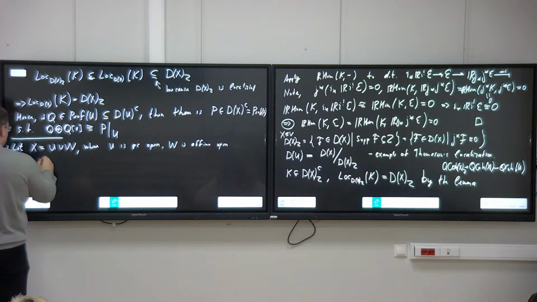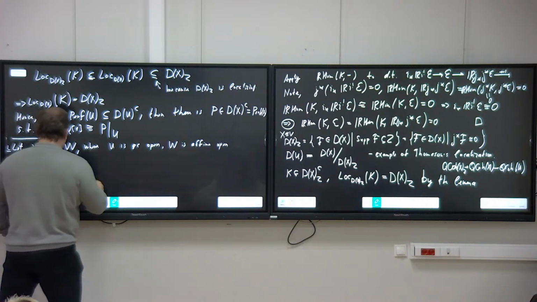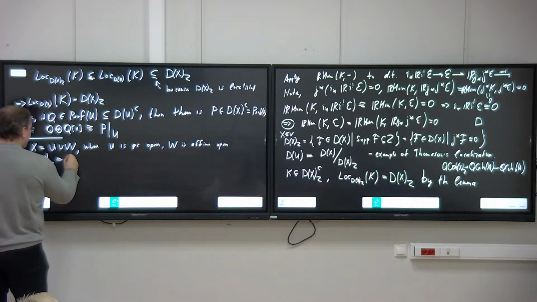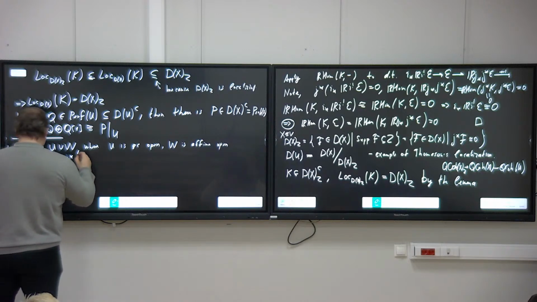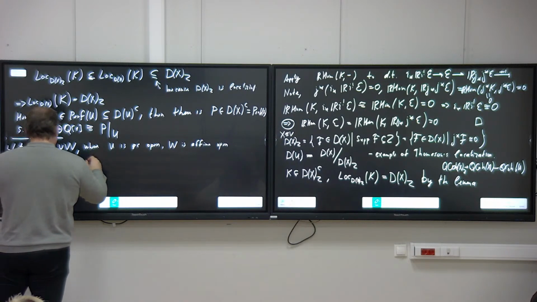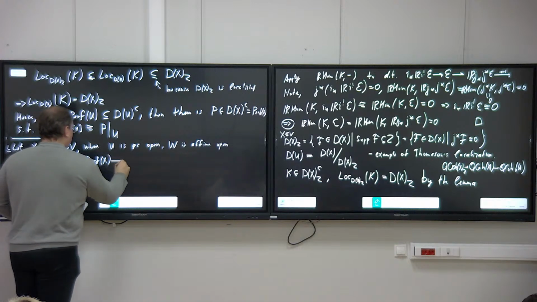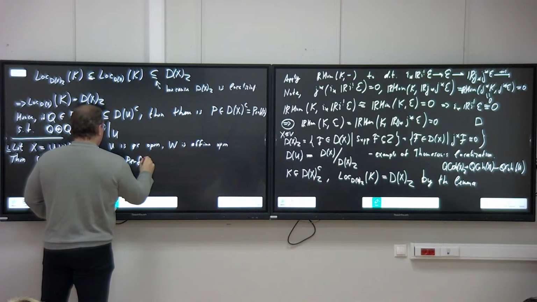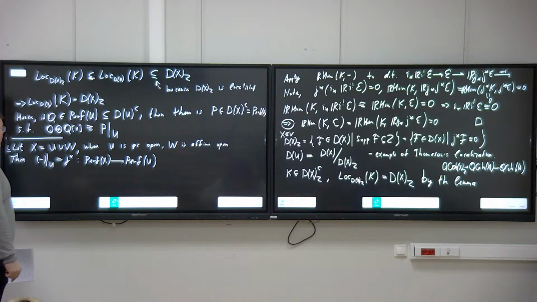So then the functor, which is just the restriction to U, let me write it as j upper star. So the restriction to U is a functor from Perf of X to Perf of U. Right? If you restrict a perfect complex to an open subset, you still get a perfect complex.